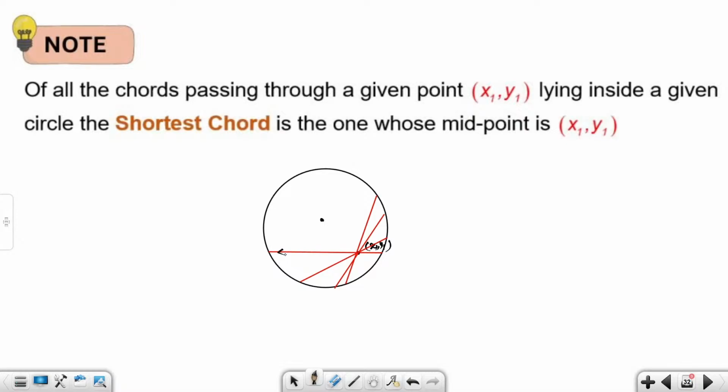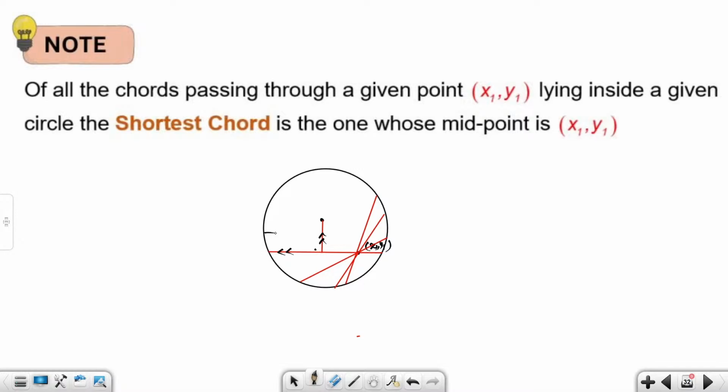Now see one thing. Suppose this is a line which is passing through the point (x1, y1). Now, if you drop a perpendicular from the center on this chord, then what will happen? The more we approach towards the center of the circle, the longer the chord is.